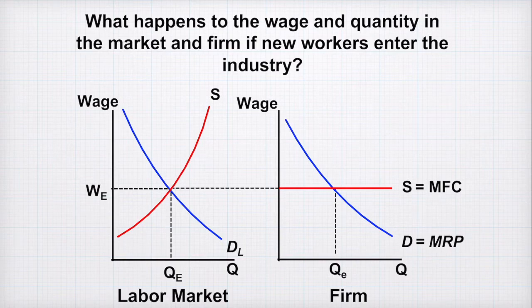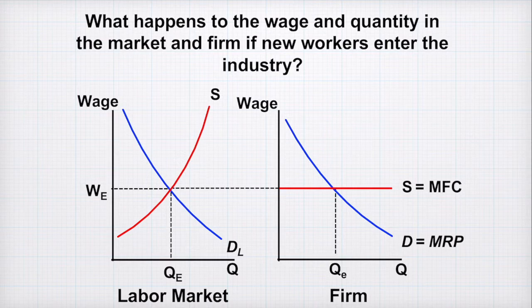All right, so now what the AP exam likes to do is to see whether you're able to manipulate this and understand what will happen when certain things happen. So let's say, what happens to the wage and quantity in the market and firm if new workers enter the industry?